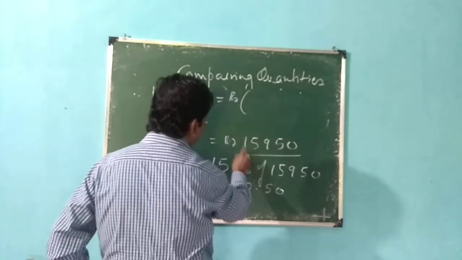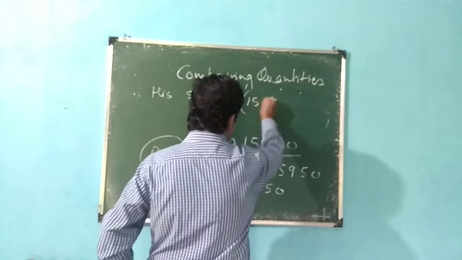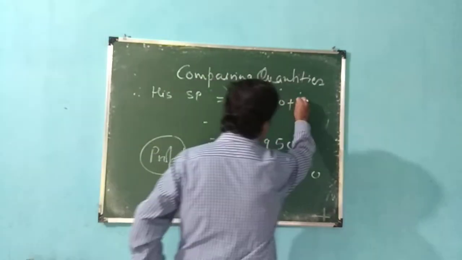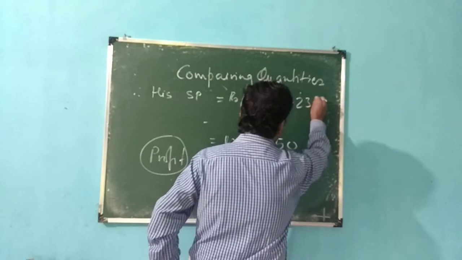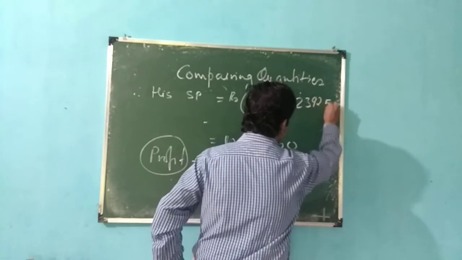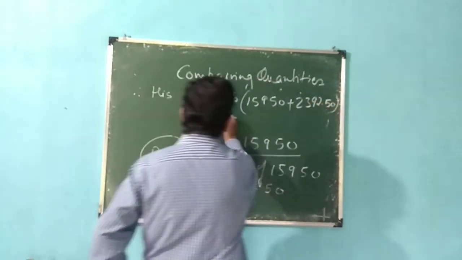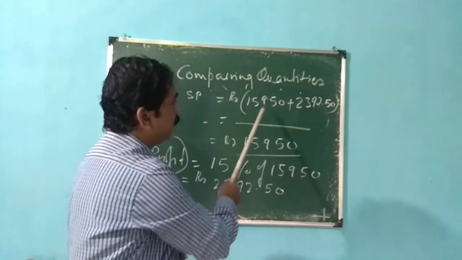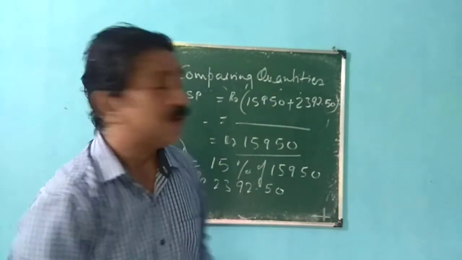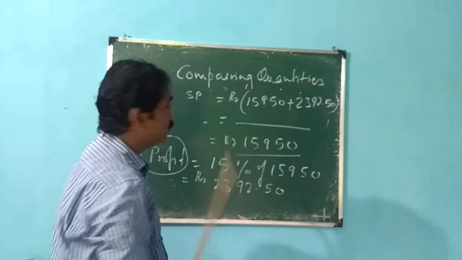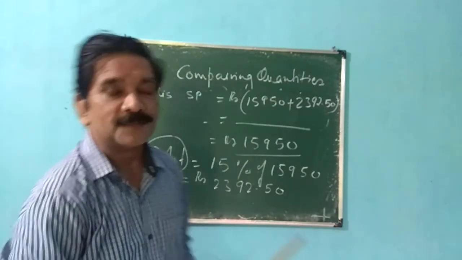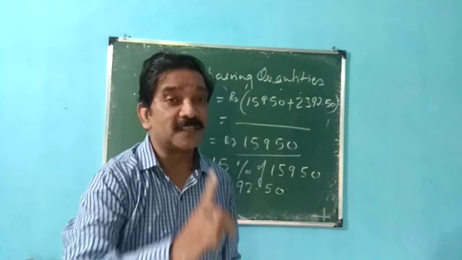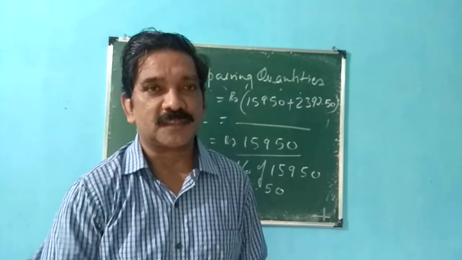This was the cost price, 15,950 plus this one, 2,392.50. You do this. This is the answer. The last step I am not doing it. Addition of decimals you know very well. You do this, you will get the answer. That is, his selling price should be this much. Okay. Selling price means cost price plus profit.